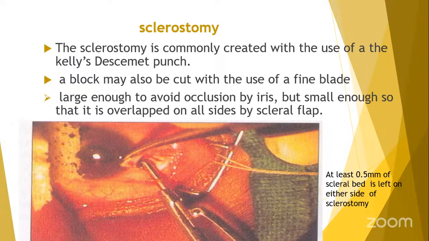But you also have to make sure that your flap overlaps the ostium you have made. At least leave 0.5 millimeter of sclera on either side, and all of that can come under your flap very well so that you don't have part of your sclerostomy outside your flap.